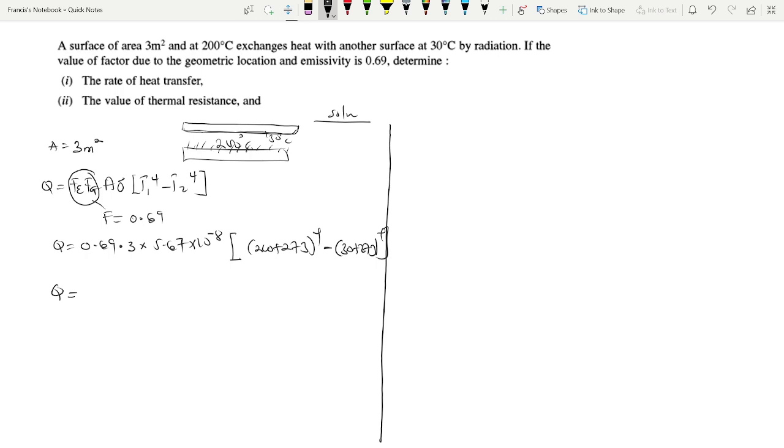Then we get our heat to be 4885.58 watts. So this becomes our rate of heat transfer.